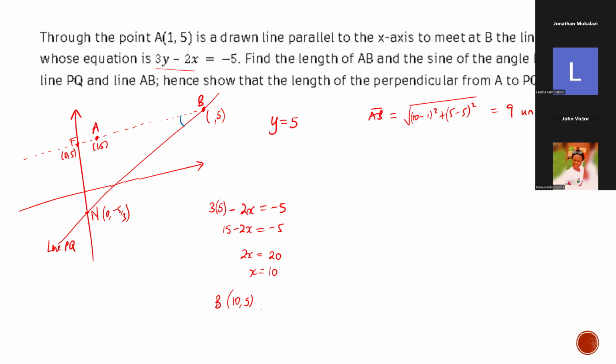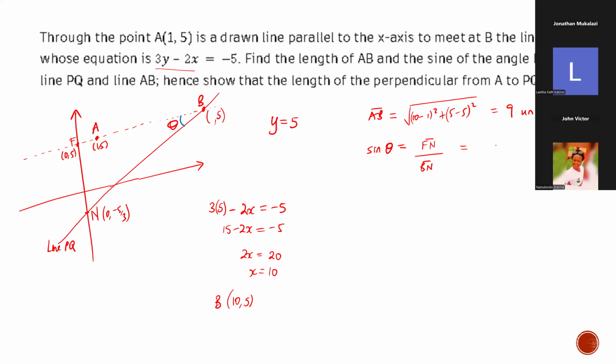So the sine of that angle, again, we are assuming that it's going to be the acute angle and not the other angle. But the sine of theta would be FN divided by BN, right? Now what's FN?